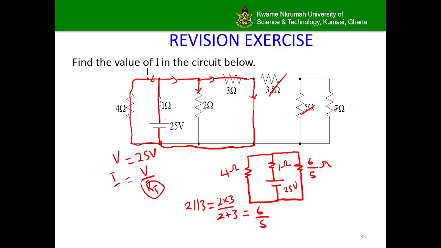From our new circuit, we can also clearly see that the 4 ohm and the 6 over 5 ohm are also in parallel, because we can go through both resistors without meeting any other elements.